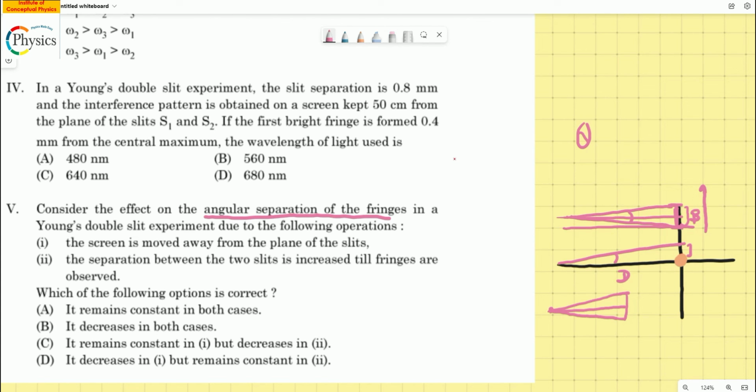So theta, which is the angle subtended by the fringe itself. So say this is your fringe. This is the angle that gets subtended. And so how do you calculate it? Theta is given by the fringe width divided by the D, which is the screen distance, because this angle is subtended at the slits.